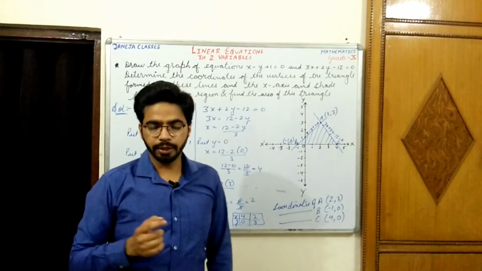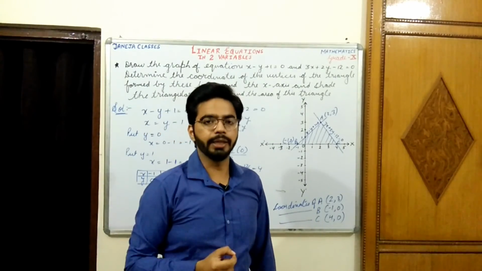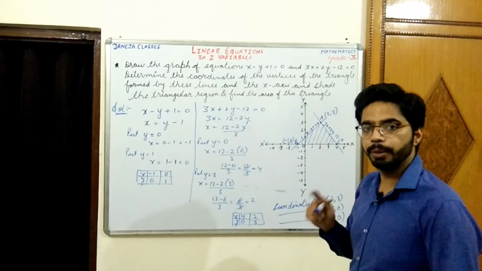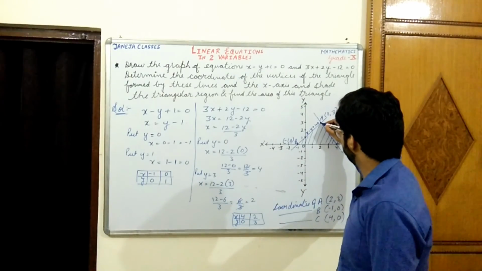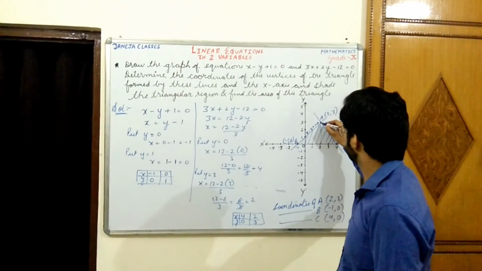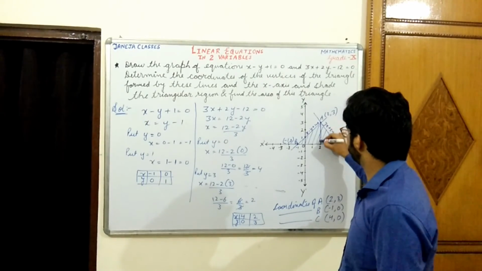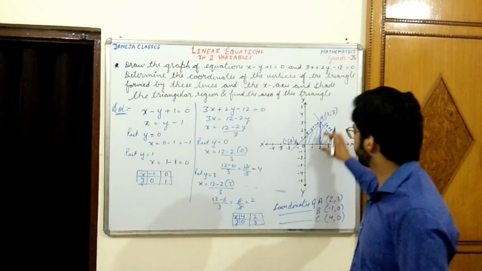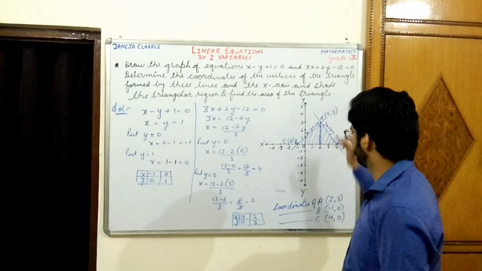Now how to find the area of the triangle? If we want to find the area of the triangle, then there should be a height, that should be a perpendicular. See here, we have a perpendicular line, and this is our height. See the height is 3 units.